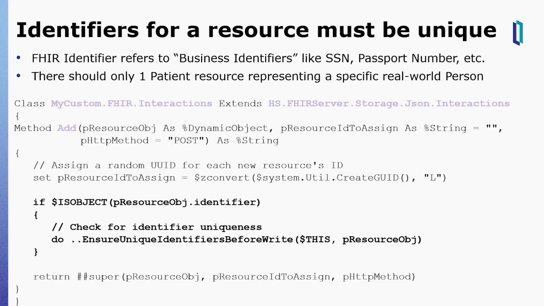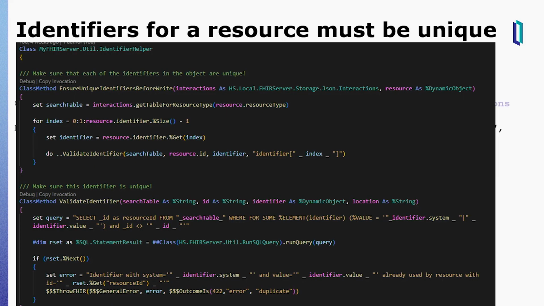In this project, we wanted to make sure that you could not insert the same patient, like real-world patients with the same identifiers, twice. Of course, you could request your clients to take care of that, but we felt it was much more logical to do it inside the FHIR repository. So whenever we receive an add or somebody updates a resource, and there are identifiers present, then we're going to check that those are unique. In this bit of code, you'll see we loop through the identifiers.